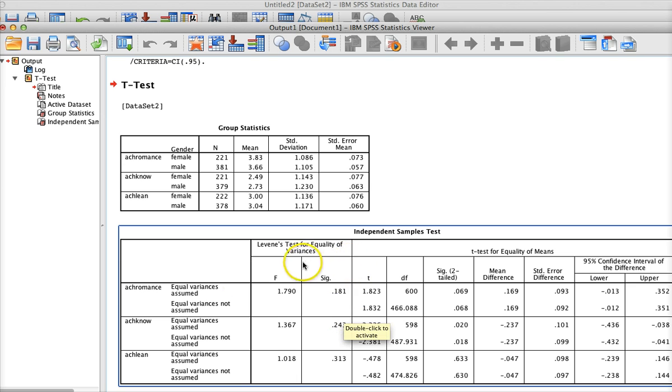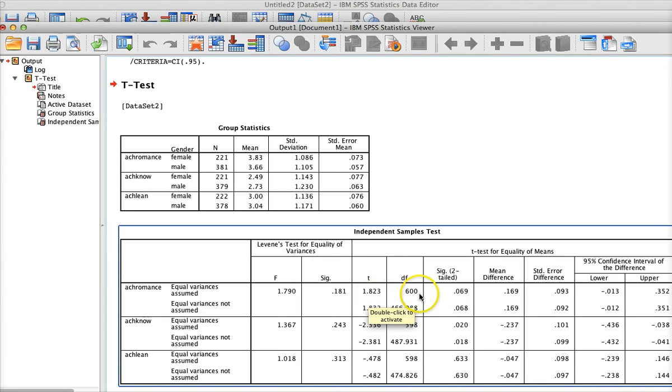So here's the comparison for romance. The t-value, remember that this ratio is going to be quite large if the difference between our means is larger than the difference we expect based on sampling error. Well, here it's 1.8 times larger, and it turns out that that is not statistically significant. We are looking for a probability less than 0.05 for that.